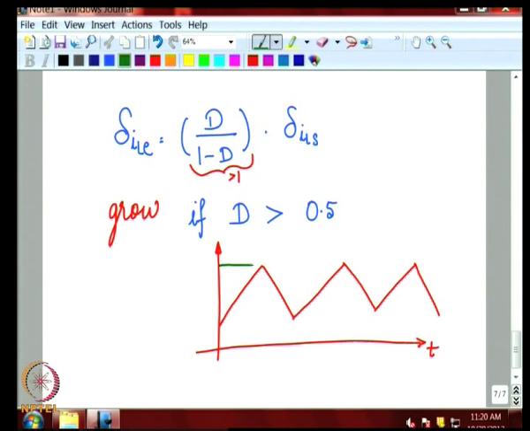This is the current reference, and now we have the perturbance, this perturbance will be greater in amplitude than this.